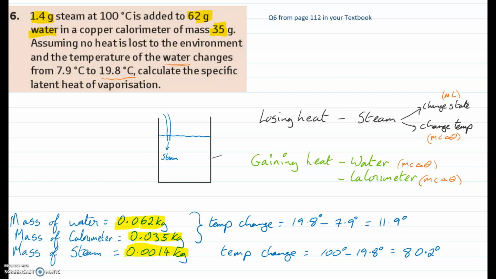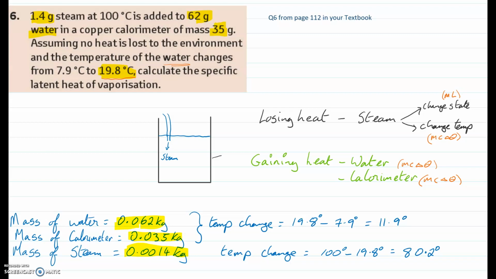And then any change in temperatures that you can put in. So they gave you that the steam went in at 100 degrees. So it doesn't have to come down in temperature to 100 degrees; the first thing that it's going to do is change state. And then it's going to finish at this temperature here. So you have to read the question carefully to get this.